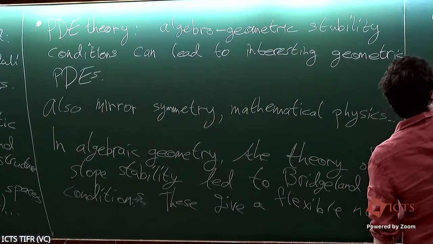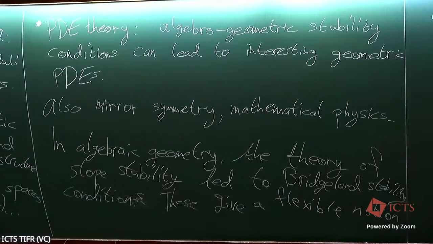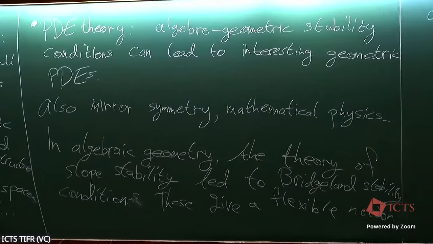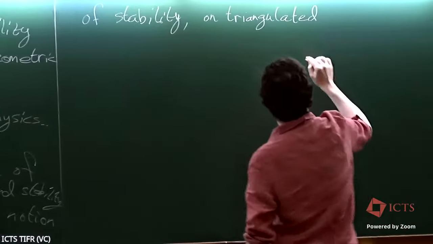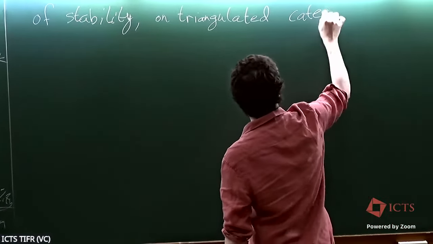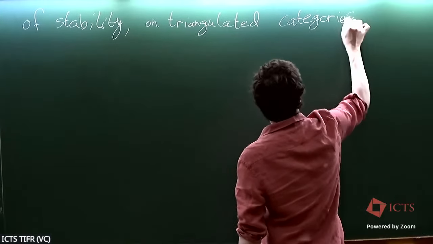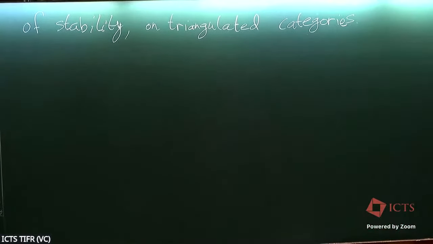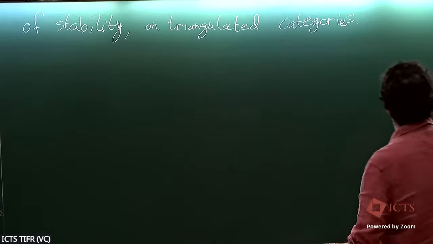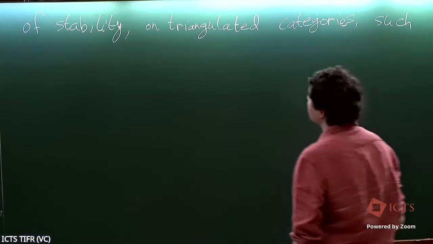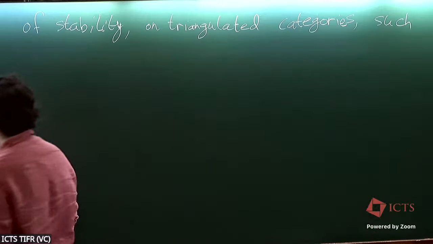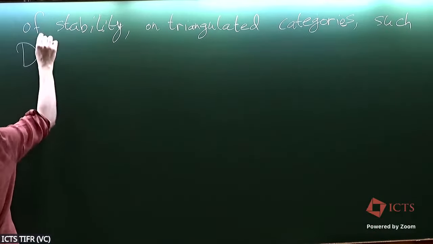But they live much more in homological algebra. So really they live as stability conditions on triangulated categories. This being a course in Kähler geometry, I'm not really going to talk about the homological algebra so much, but the example you should keep in mind is the derived category of coherent sheaves on a projective variety.